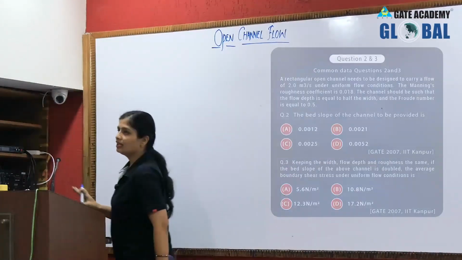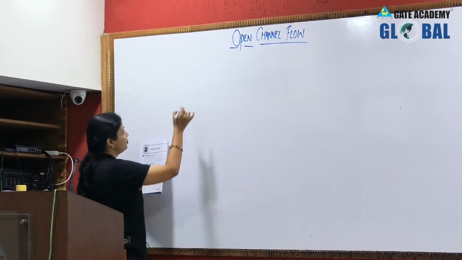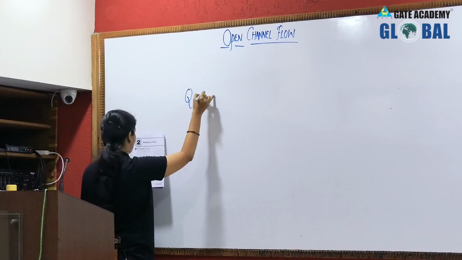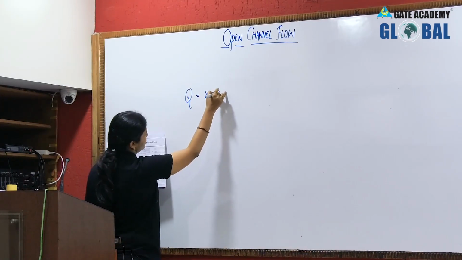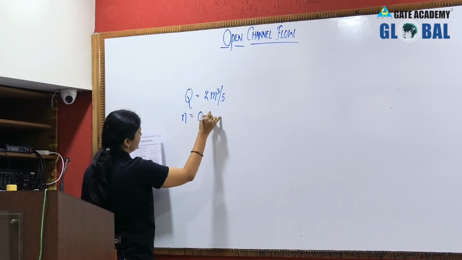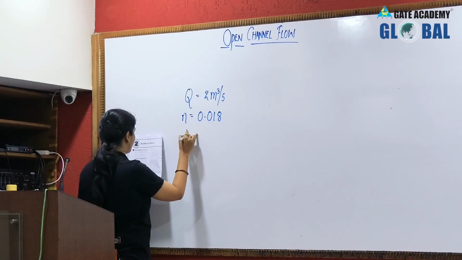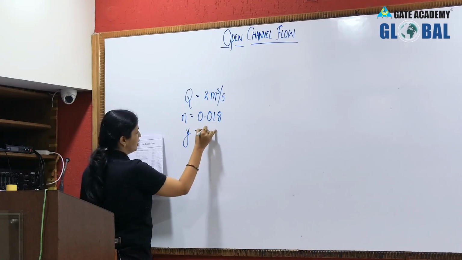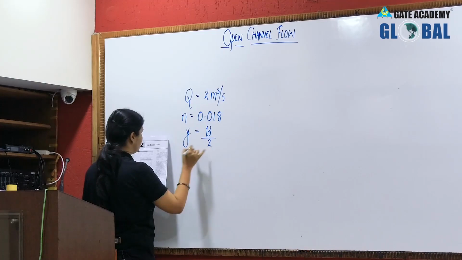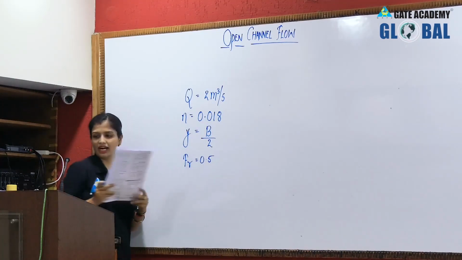So first of all, let us write down all the data. They have given you discharge 2 meter cube per second, Manning's n is 0.018, then the channel flow depth is equal to half the width, and your Froude number is given to you as 0.5. This is the data which is given.